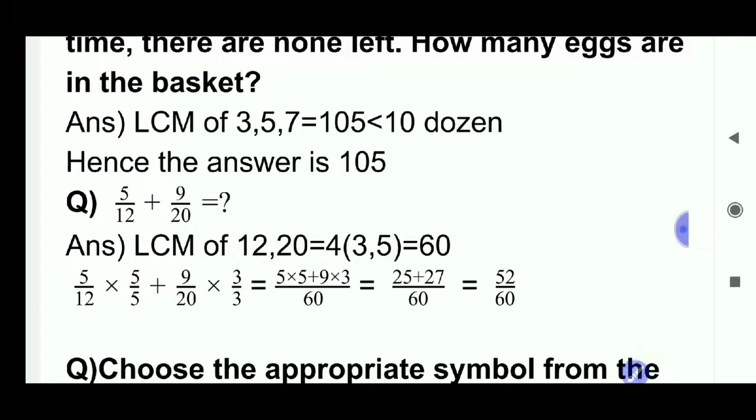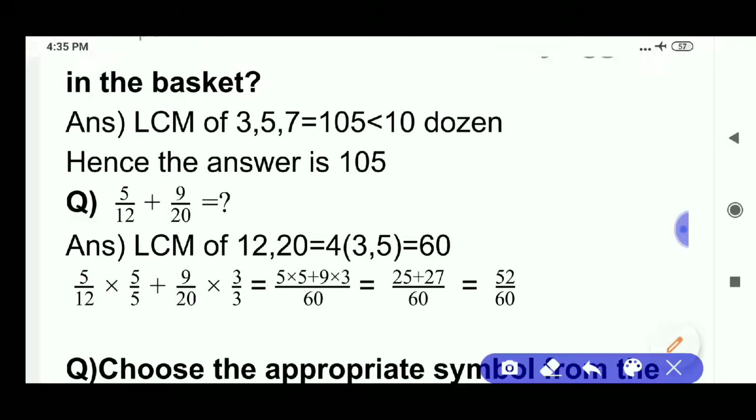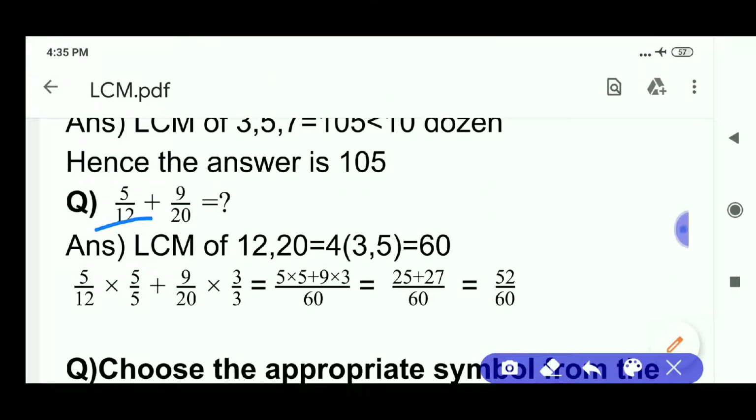Simplify 5 by 12 plus 9 by 20. We already told you we use LCM especially in addition and subtraction of fractions. Here the question is 5 by 12 plus 9 by 20. What are the denominators here? Denominators are 12 and 20.